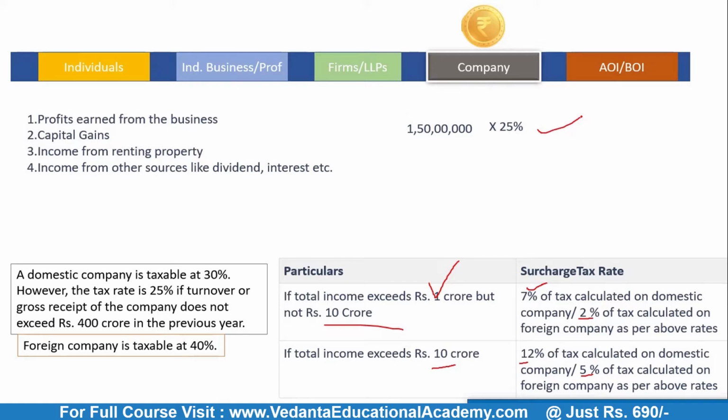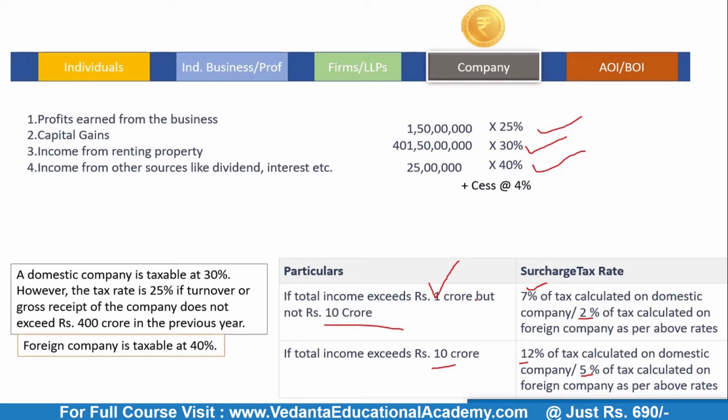As the business turnover is not exceeding 400 crore, the applicable tax rate is 25%. And if there is a business whose turnover is more than 400 crore, then the applicable tax rate is 30%. And if there is any foreign company having turnover around 25 lakhs, then still the 40% tax rate will be applicable, and 4% extra will be added on this tax amount.